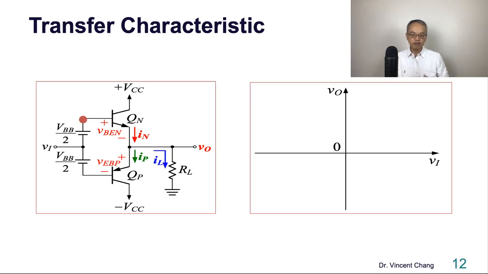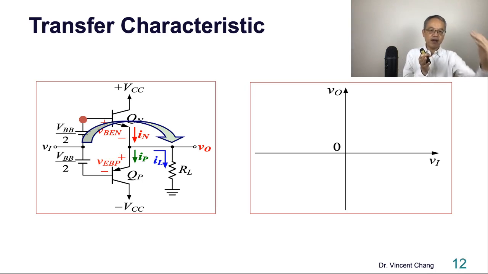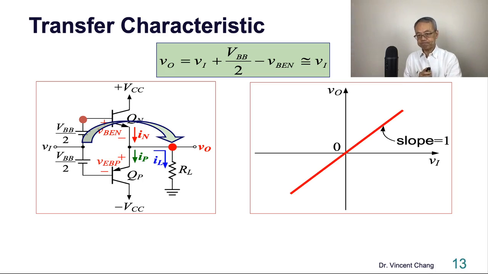Now, for the transfer characteristic, it's very simple, right? Because up, VI has VBB, and down, VBN. So we can put down this relationship. If half VBB is very close to VBN, these two terms get canceled out, so VO is approximately equal to VI.